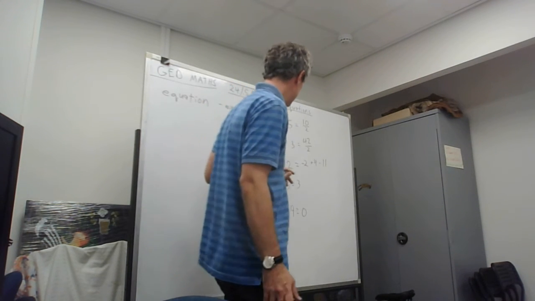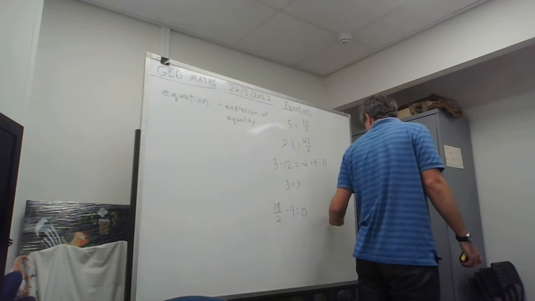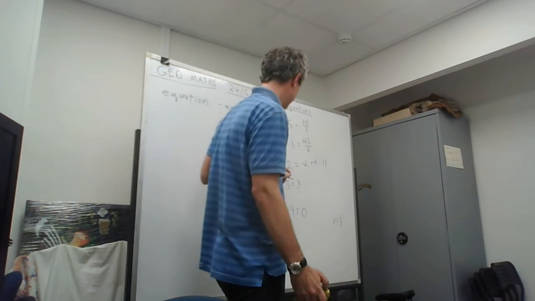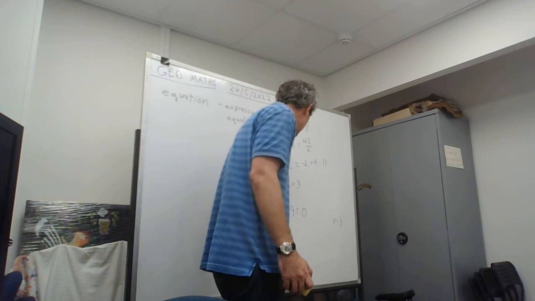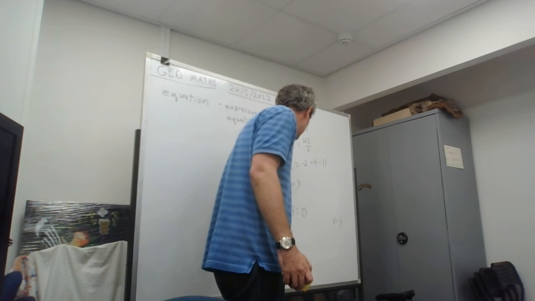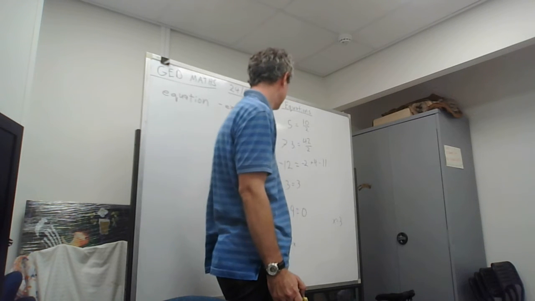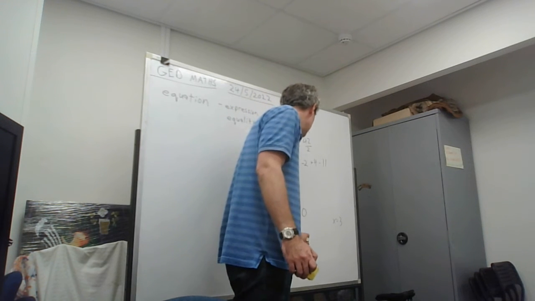But let's say we do instead x equals 3, right? Then we have 3x over 2 minus 3x equals 0.